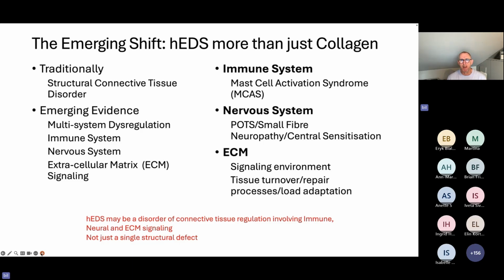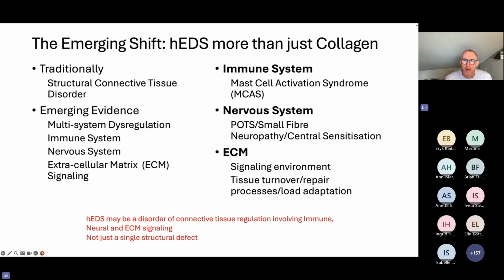The immune system gets involved because of mast cell activation syndrome, the nervous system because of small fiber damage, neuropathy, central sensitization, and postural orthostatic tachycardia syndrome, POTS, which we'll talk a little bit about later.